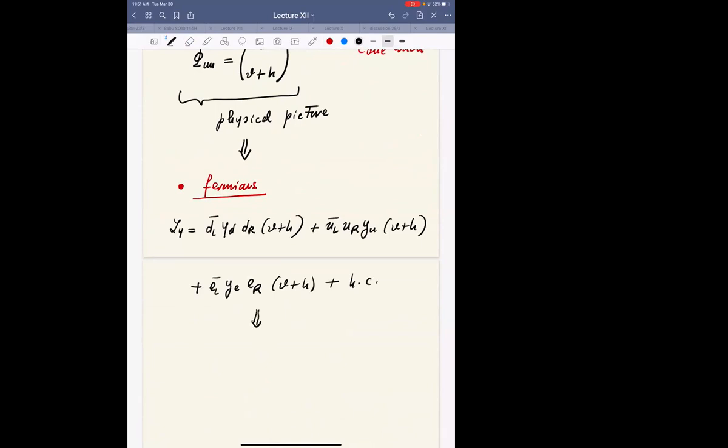So I can write from here that for any fermion, now it stands for any fermion, is Yukawa fermion, FL bar, FR.